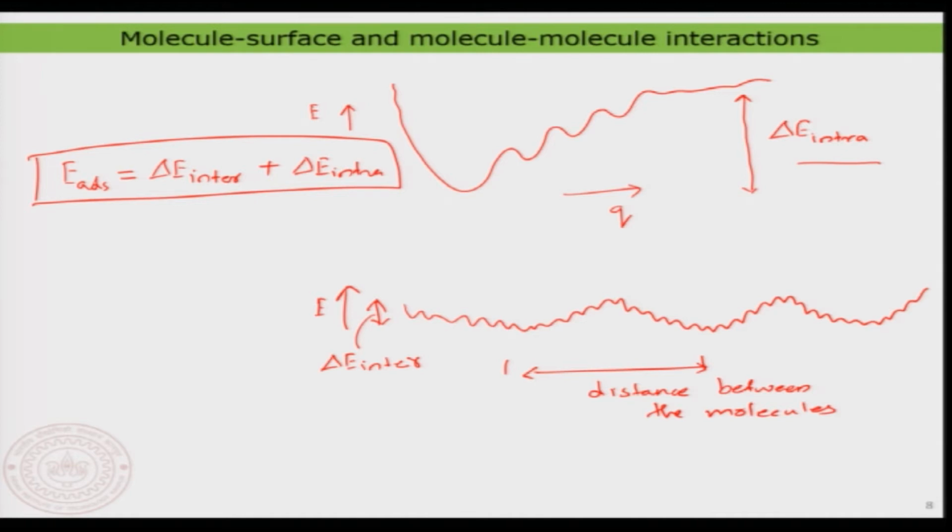The adsorption energy tells you how strongly the molecule is binding onto the surface and also within the self-assembled pattern, or the self-assembled adlayer, on the surface.